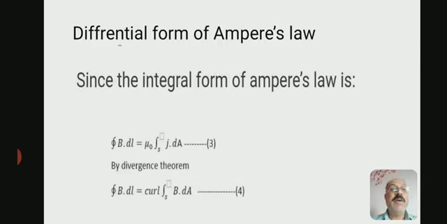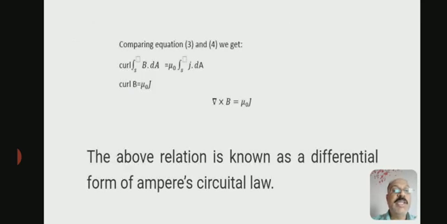Now, the differential form of Ampere's law. Since the integral form of Ampere's law is given by, as you already know, the integral of B dot dl is equal to mu naught times the integral over S of J dot dA. By the divergence theorem, the integral of B dot dl is equal to the integral over the surface of the curl of B dot dA. Now compare equations 3 and 4.